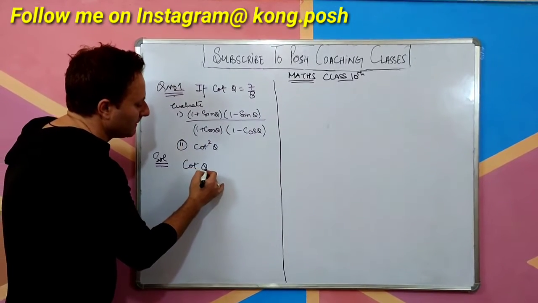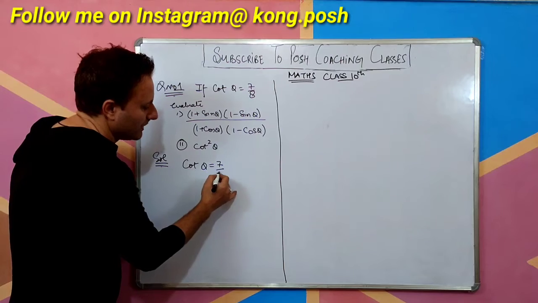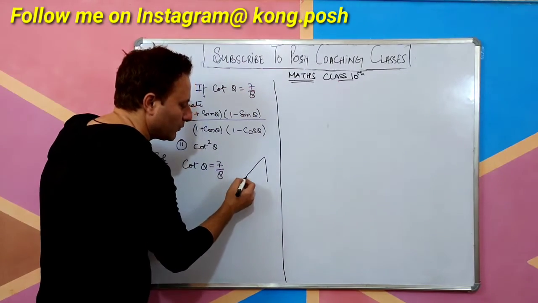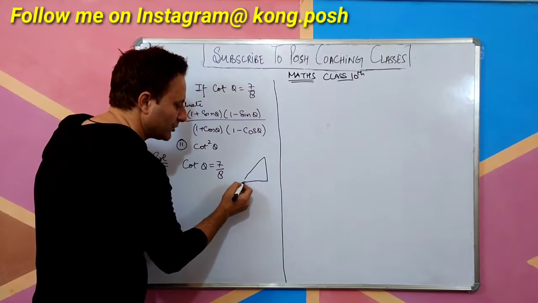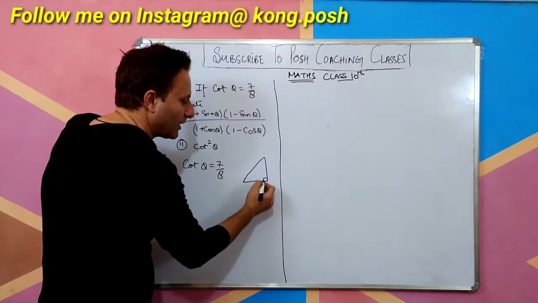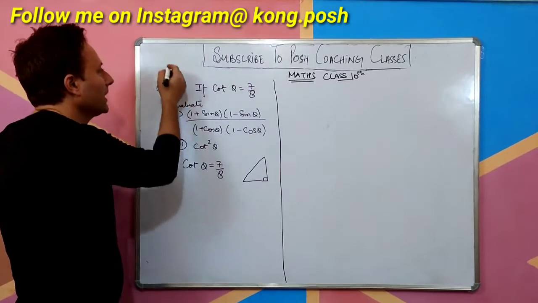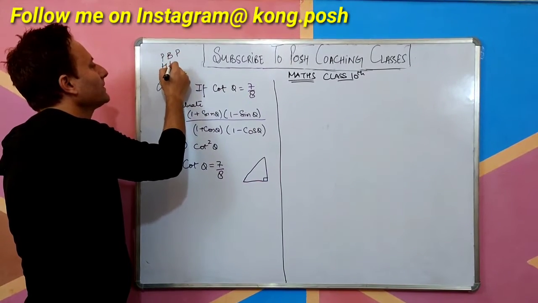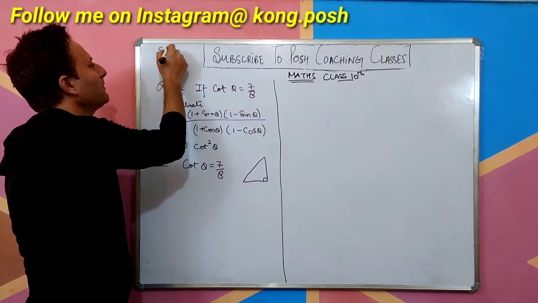First of all, what is given? We have been given cot theta is equal to 7 upon 8. We know for a fact that whenever there is trigonometry, we have a right angle triangle, and there is a well-known trick to remember.